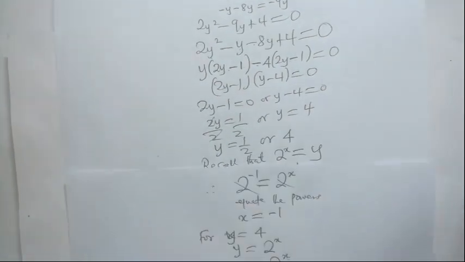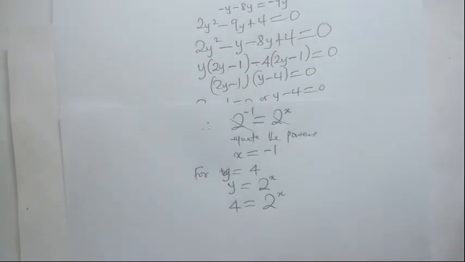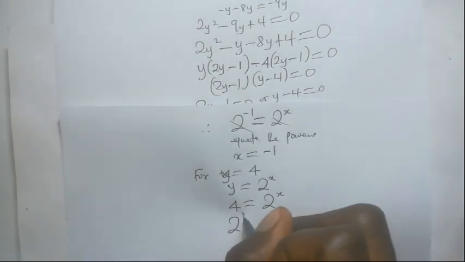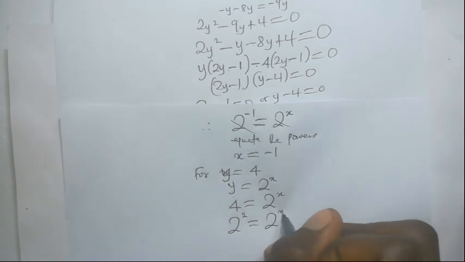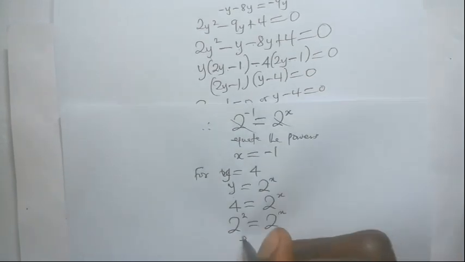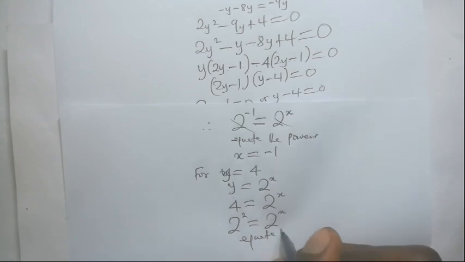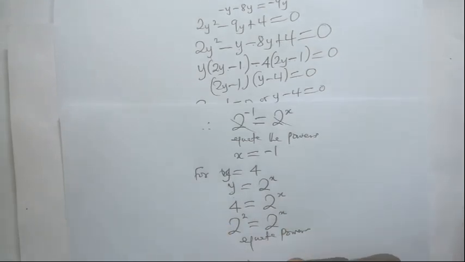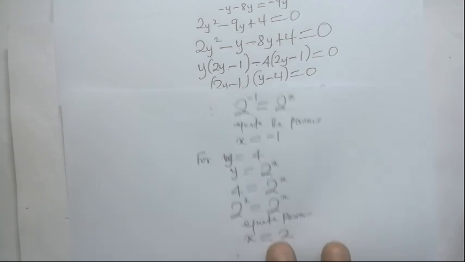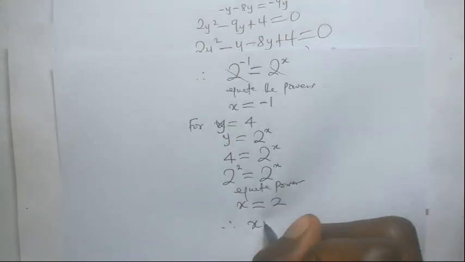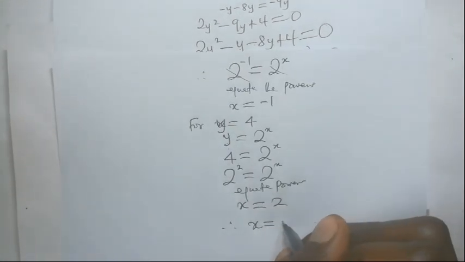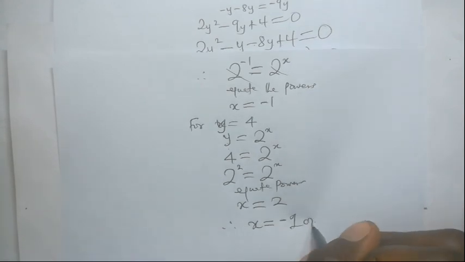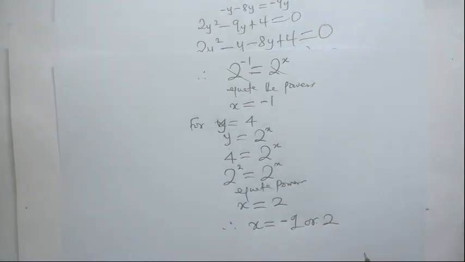So this can be 2 to the power of 2 is equals to 2 to the power of x. We also equate powers. So these two will cancel, and we have our x is equals to 2. So therefore, the value of x is minus 1 or 2. This will be our answers.